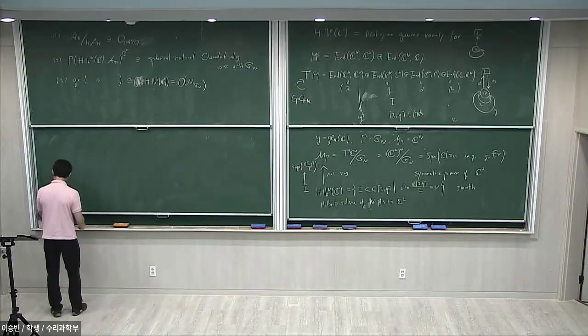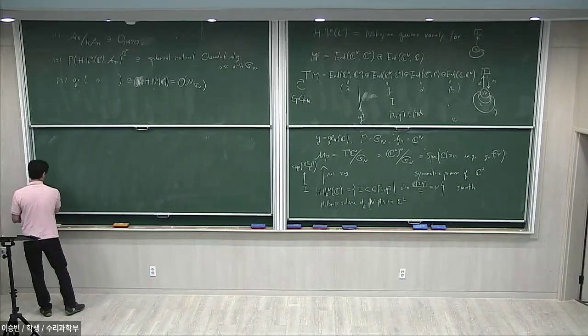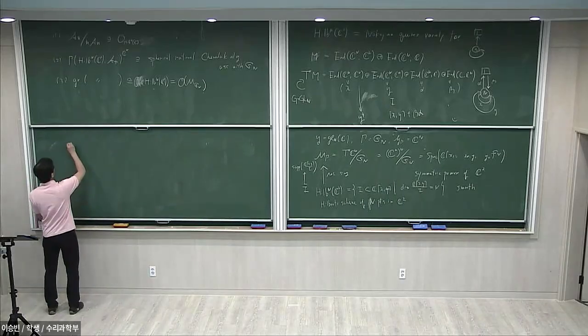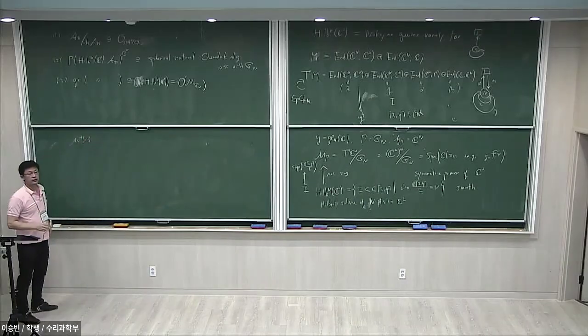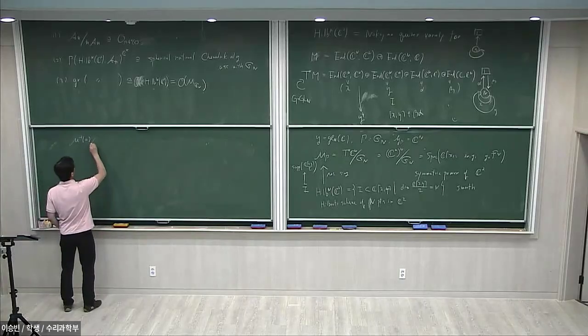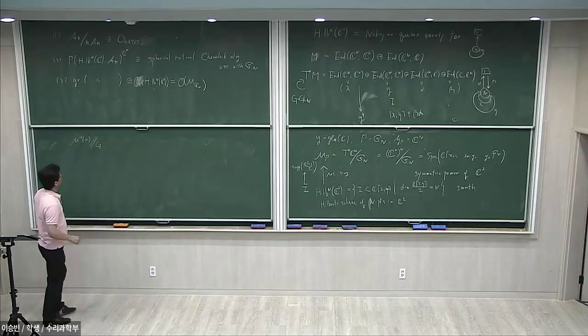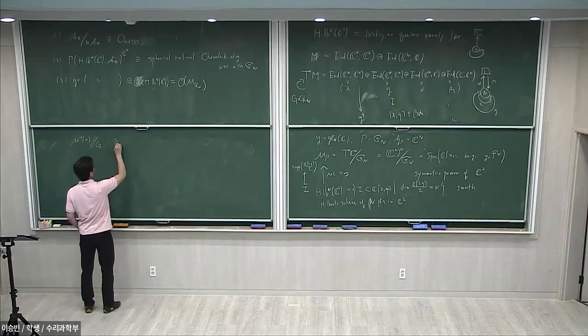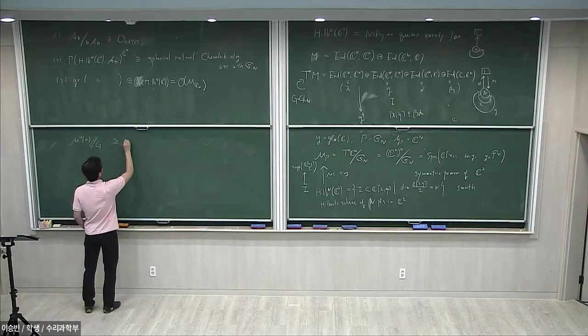And for Hamiltonian reduction, you consider the level set, which is the pre-image of zero of this map, and then if you consider the GIT quotient, you recover this symplectic singularity.